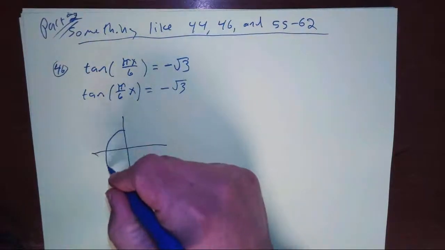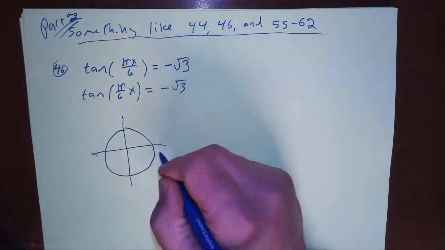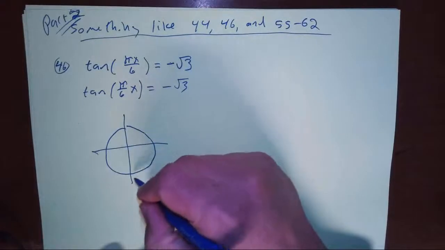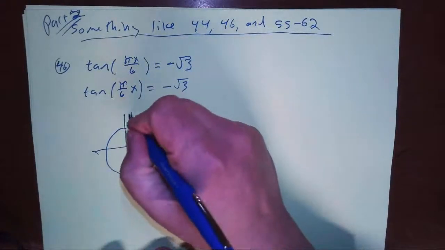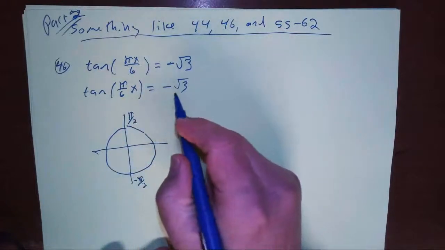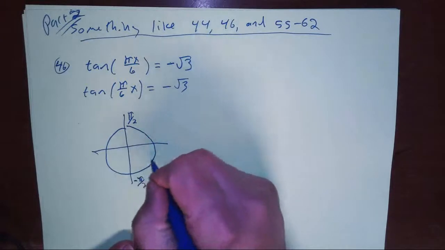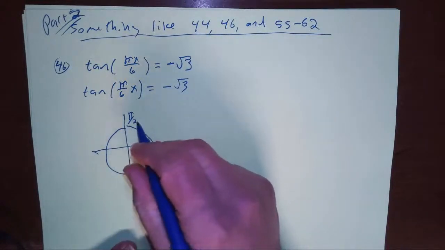And for tangent, with this negative value, I'm going to get a negative angle here. If you remember, tangent goes from negative pi over 2 all the way up to pi over 2. So when you have a value here and you want to know the angle, it's going to give you the angle from negative pi over 2 to pi over 2.